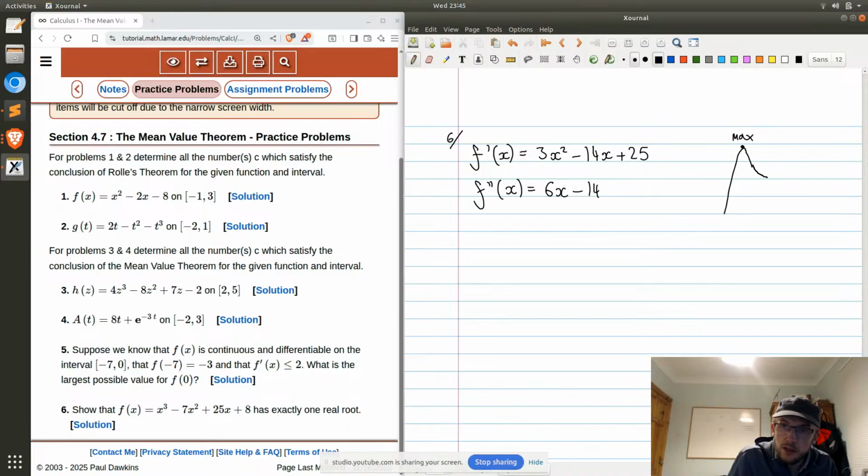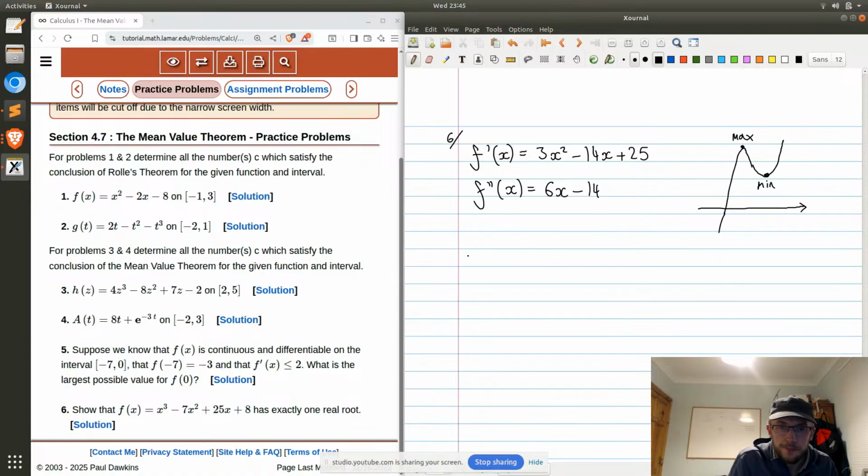And where it transitions from decreasing to increasing will be a relative minimum. And if I can prove that both of these guys are above the horizontal axis, there is only one hole for that string to be threaded through. How about that?